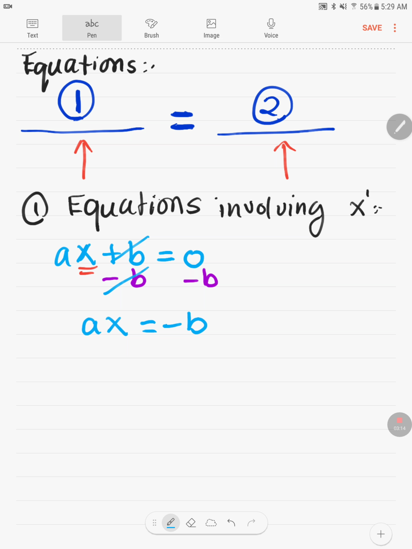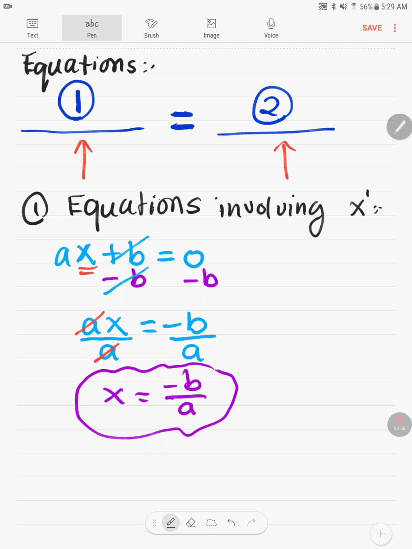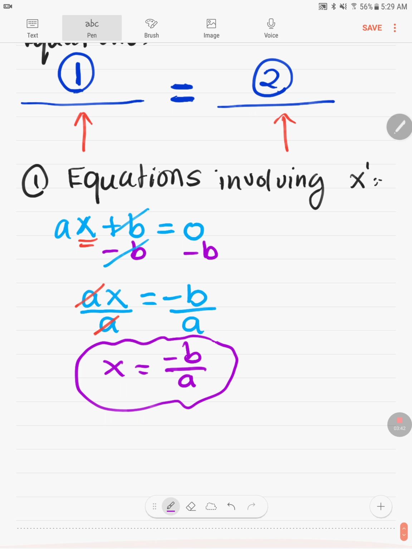Now to isolate the x, we divide by a. We divide by a on the other side, so we could cancel this a with this a, and we're left with x equals minus b over a, and this is the general solution to the equation involving x to the first power.